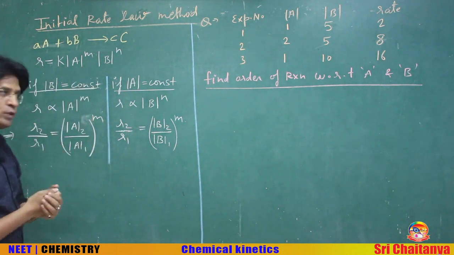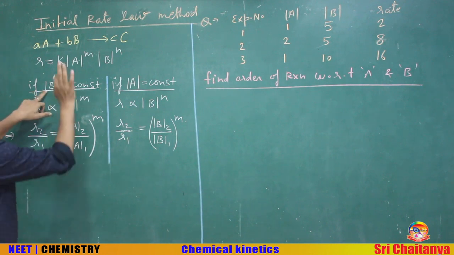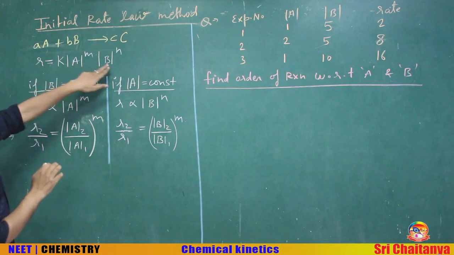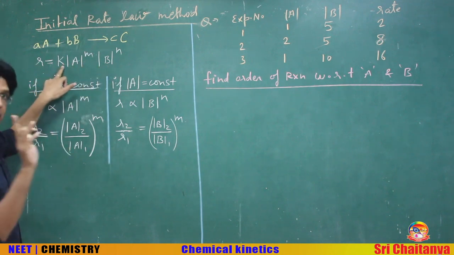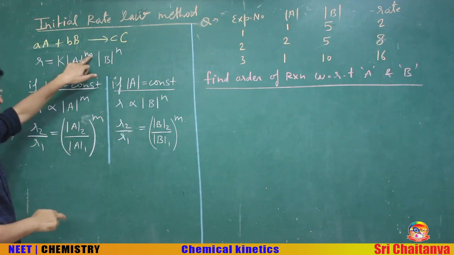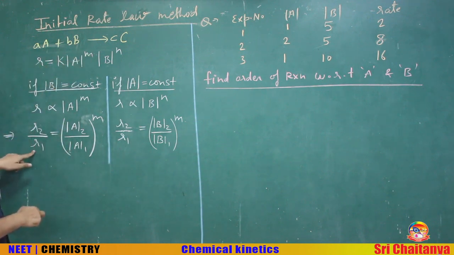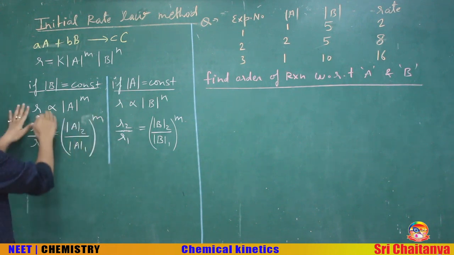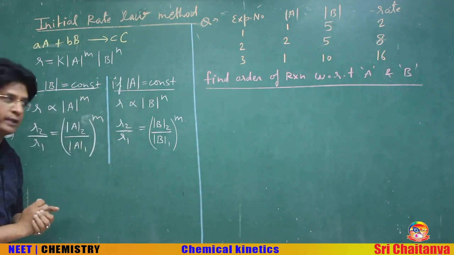So what you will do in this question, first of all, keep the concentration of B constant. Once the concentration of B is constant, K is already a constant, so rate will be proportional to A to the power of M. So I can say that R2 by R1 will be equal to A2 by A1 to the power of M. Here rate is proportional to the concentration of A only.